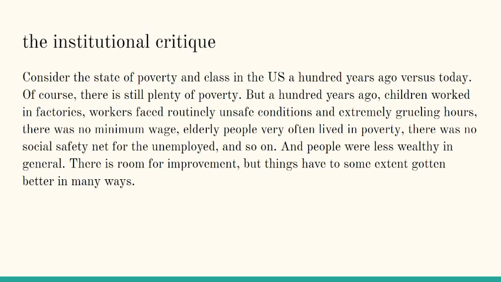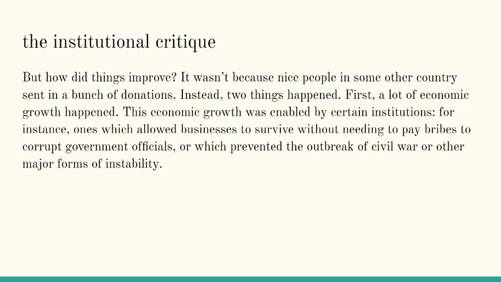There wasn't any social safety net for the unemployed or people who got injured and couldn't work or anything like this. And just in general, people were less wealthy 100 years ago. So there's plenty of room for improvement. I mean, let's not airbrush anything. But things have gotten better, right? Better probably to be an ordinary worker in the U.S. today than 100 years ago. At least for lots of people. Well, how did that happen, though?